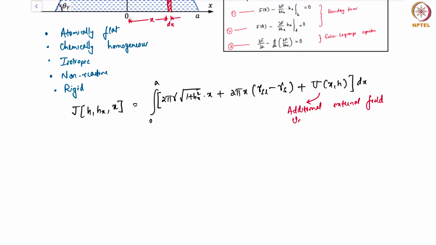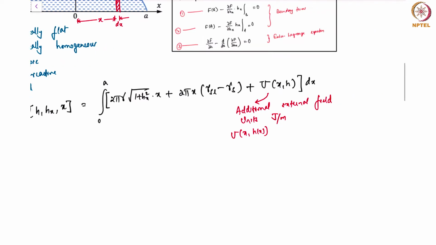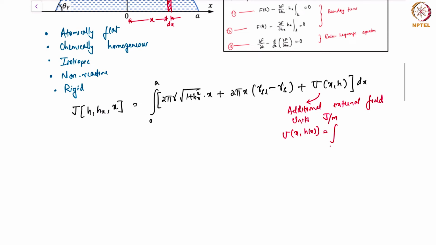The units are joule per meter, and this quantity u of x, which could be a function of height as well, would be something like the integral from 0 to h of x of 2 pi x w of x comma y dy, where w of x comma y is called the volumetric energy density.